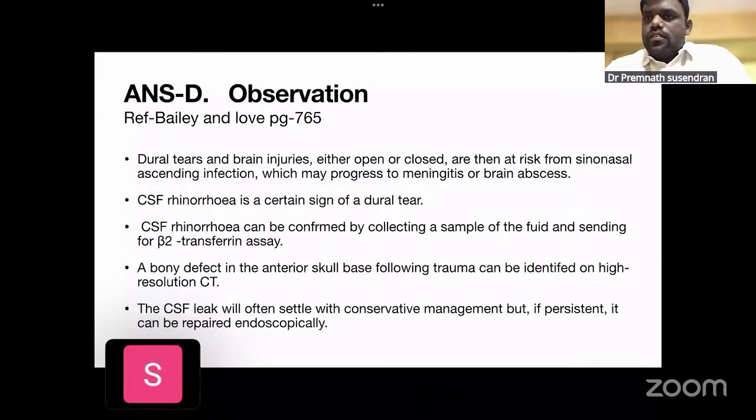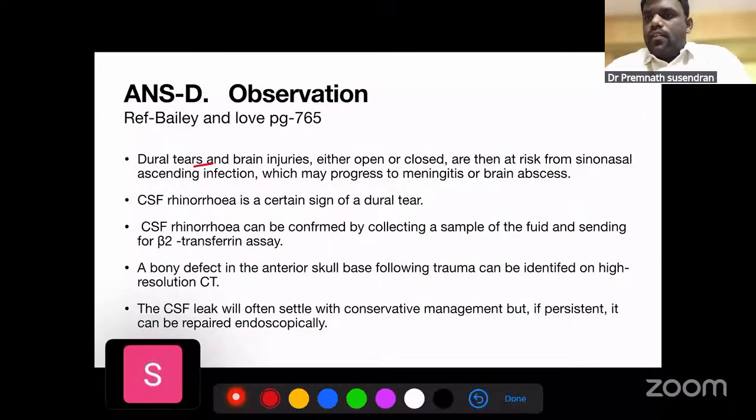Sorry for the noise. So dural tears lead to meningitis and brain abscess. The CSF rhinorrhea is a certain sign of dural tear.